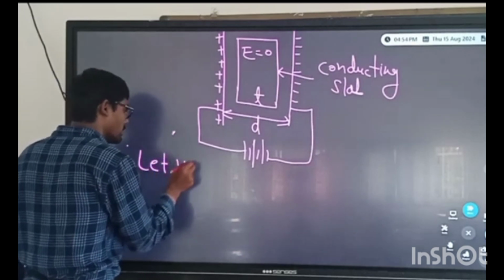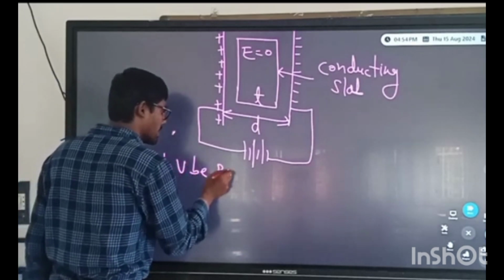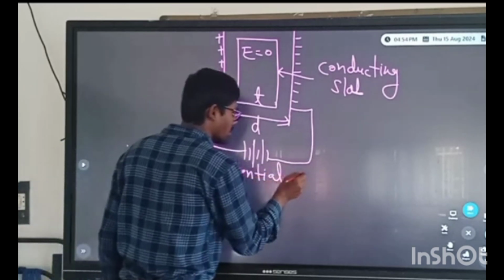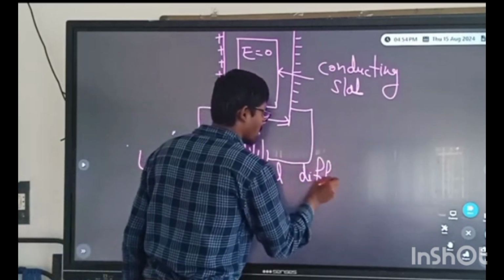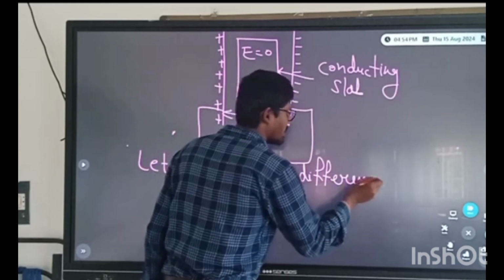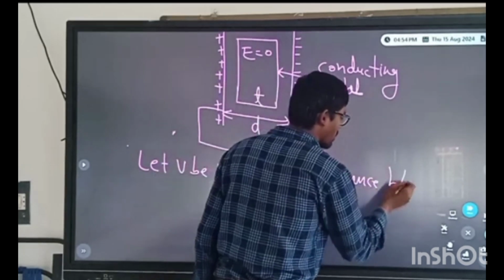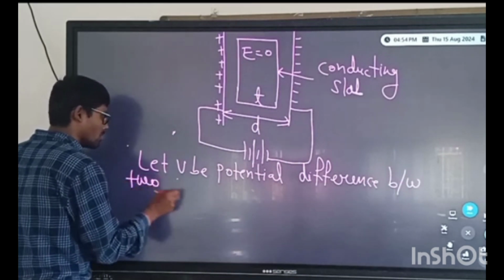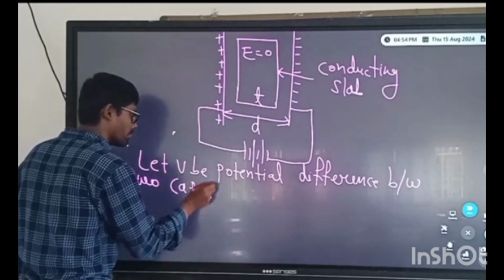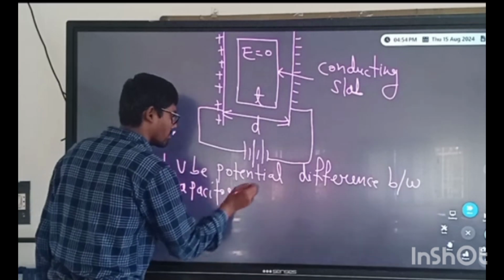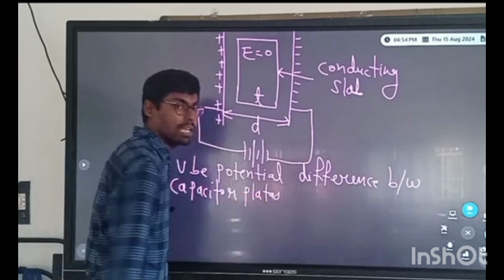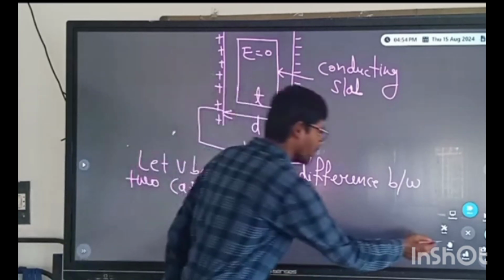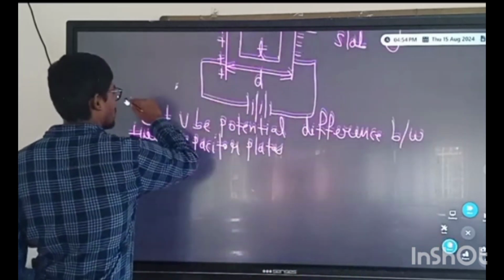Let V be the potential difference between the two capacitor plates.